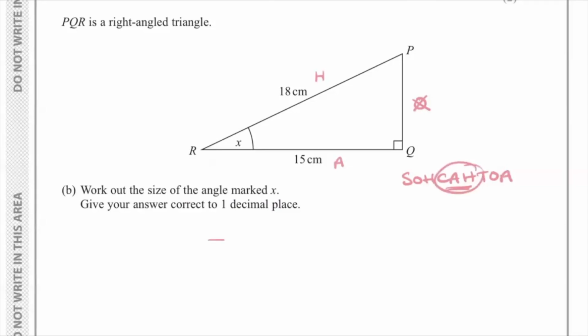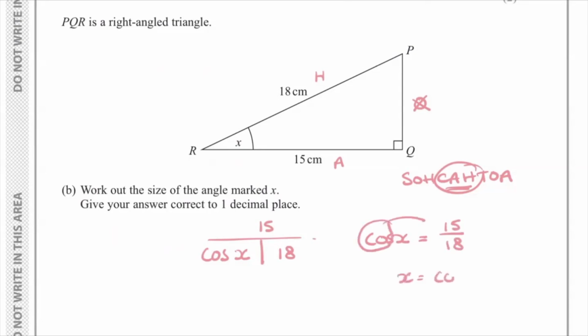So I'm going to set up my T. I've got cos, the angle is X, 15 at the top, 18 at the bottom. Now keep your cos and X together when you set your equation up to start off with. Now get X on its own.